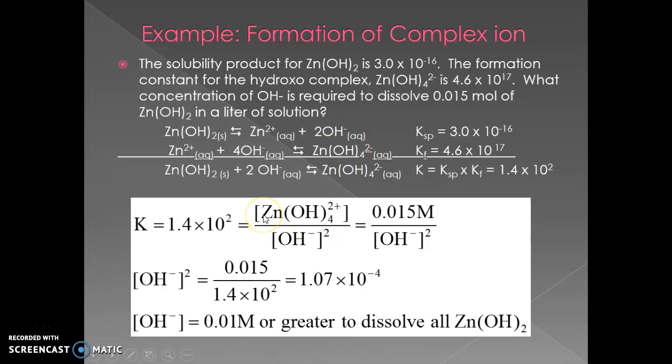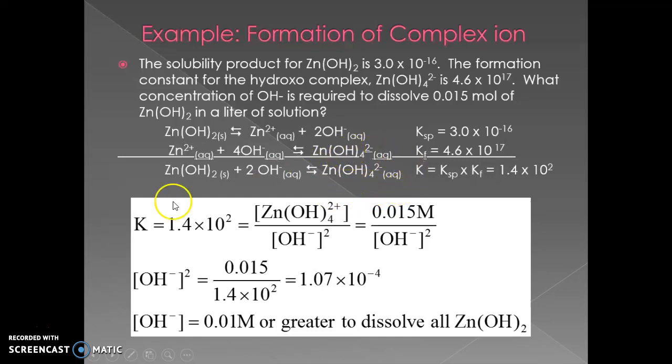And so we are actually going to treat this as though it were a Hess's law kind of problem. We can take the two reactions, add them together to show what will really happen. Zinc hydroxide will complex with more excess hydroxide ions and create this complex ion.